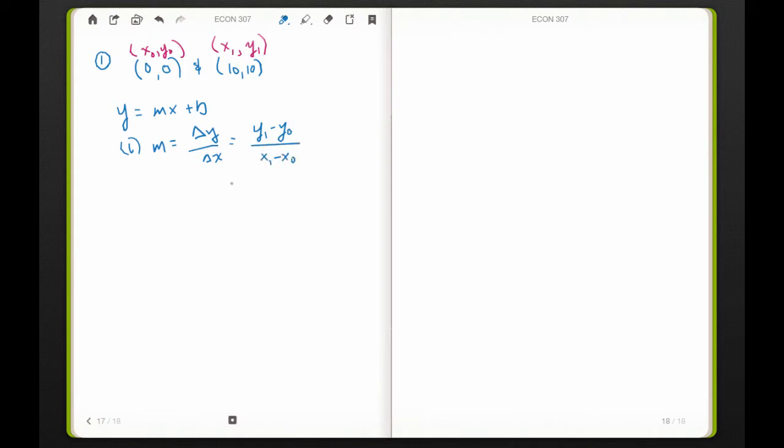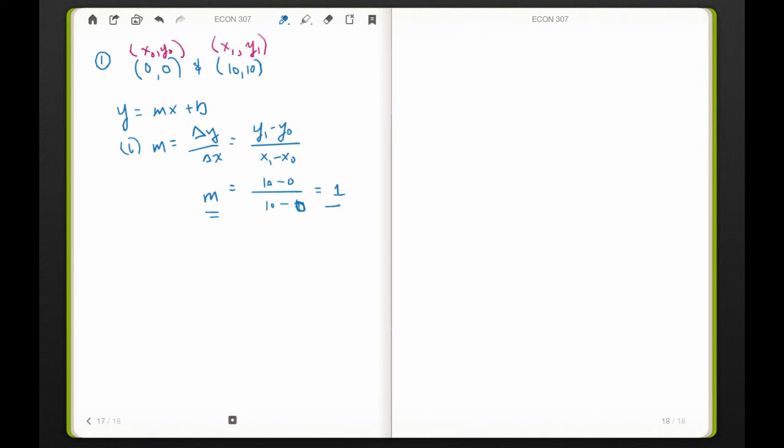So it may help you out a little bit if you write this out. So y1 minus y0 is going to be 10 minus 0. And then x1 minus x0 is going to be 10 minus 0. So we come up with a slope that is 10 over 10, equal to 1. So m is equal to 1.